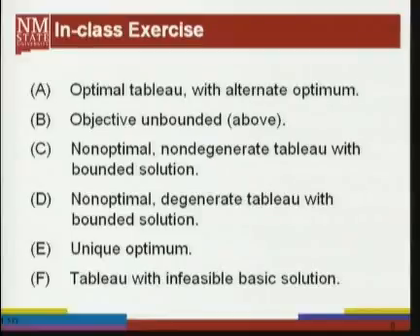Okay? And when this occurs, the next basis change may not result in an improvement in the objective function value. Okay? And case E is the unique optimum. And the last one, case F is the table with infeasible basic solution.